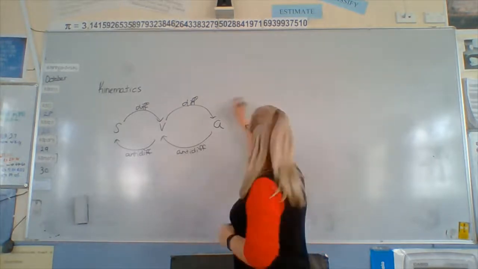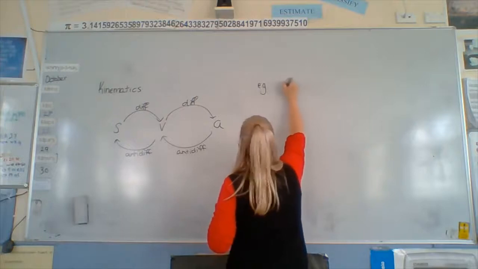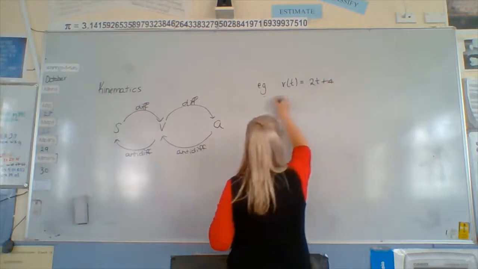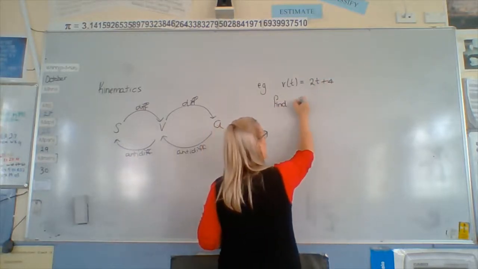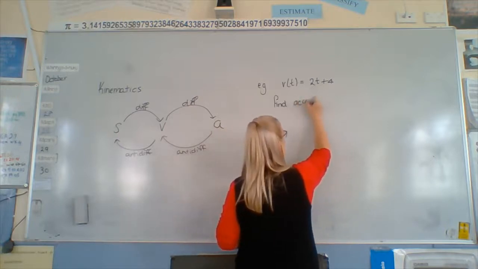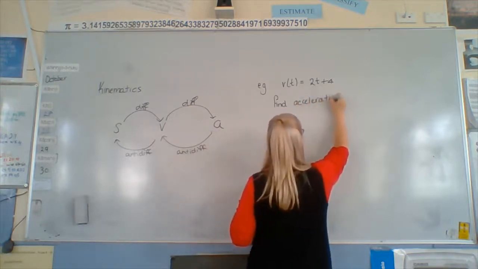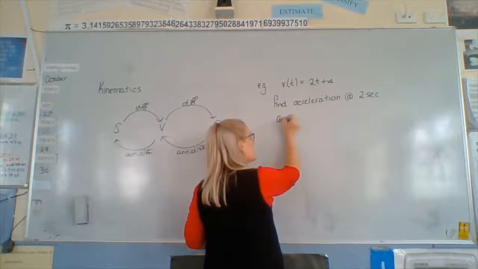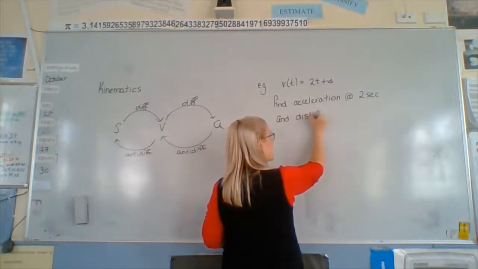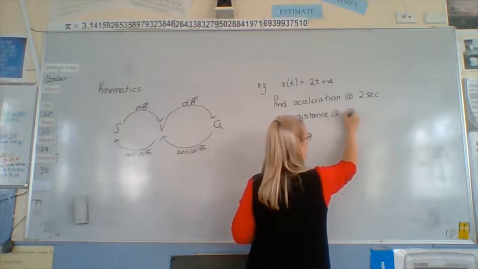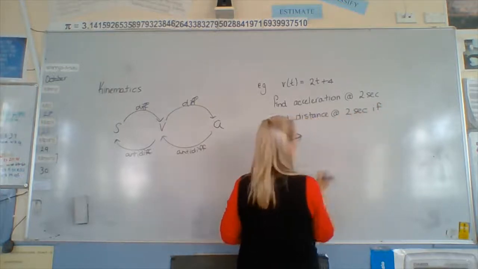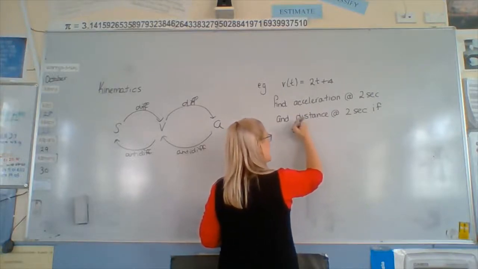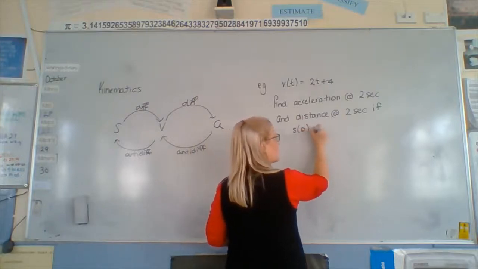If you have been given the formula for velocity, e.g. velocity equals 2t plus 4, find A or acceleration at 2 seconds and distance at 2 seconds if S of t is S of 0 equals 4.